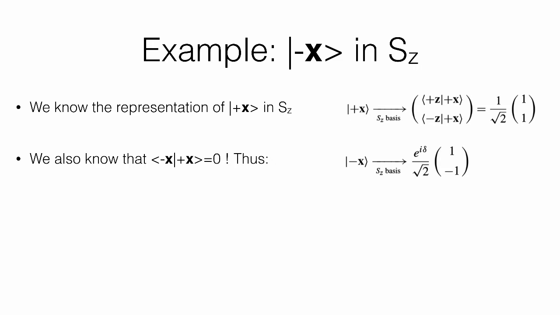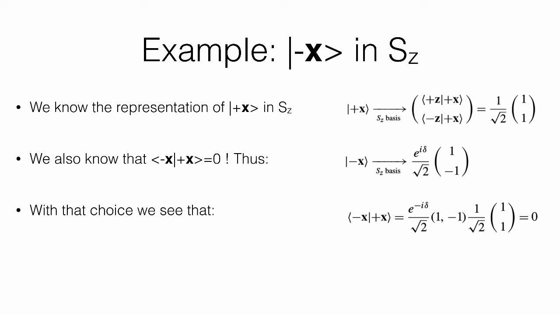I like to note here that we have a phase factor e^{iδ}, because calculating the dot product does not give me any information about that particular property. So we see that if we use that choice, indeed, the dot product of minus x and plus x is equal to 0.